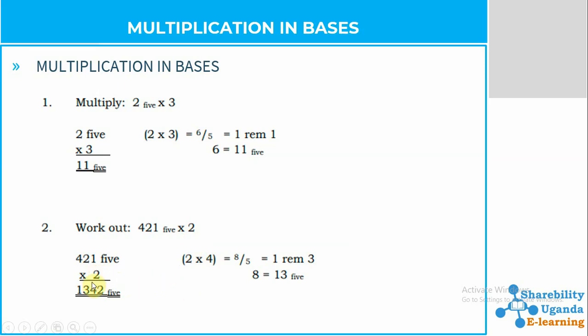Our 8 is greater than our base, which is 5, so we can't write it here. We say 8 divided by 5 is 1 remainder 3. So we write the whole remainder here, which is 1 remainder 3, then 4 2 base 5. That's how we can solve these numbers in multiplication, okay?